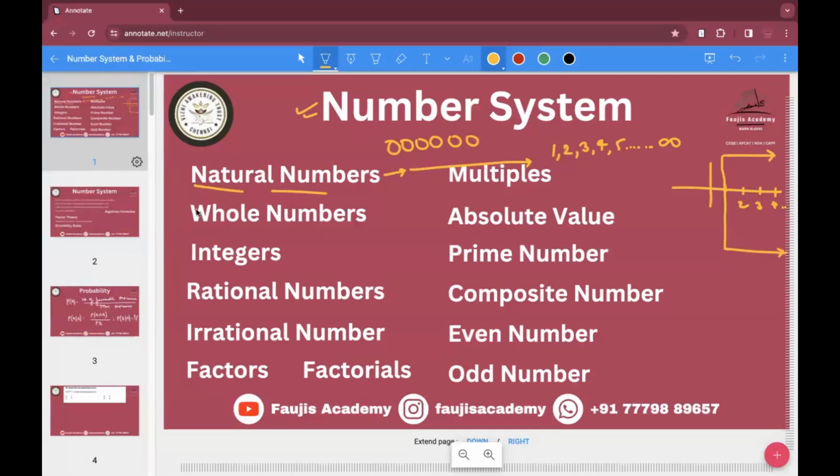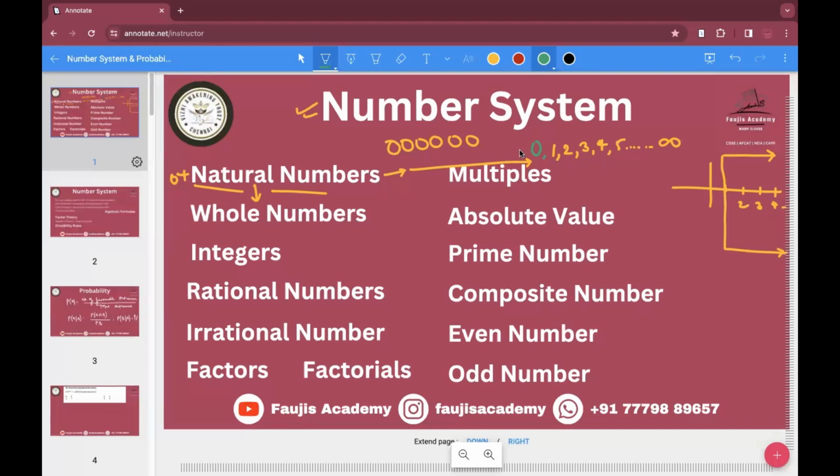Right, guys? Whole numbers are all the natural numbers plus 0. So just add a 0 over here. I mean, not 0 plus 1 or 0 plus 2, just the previous number before 1.